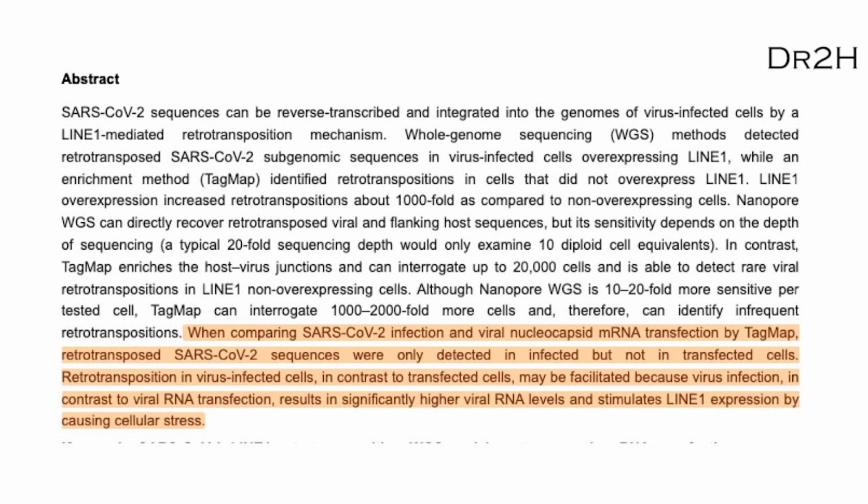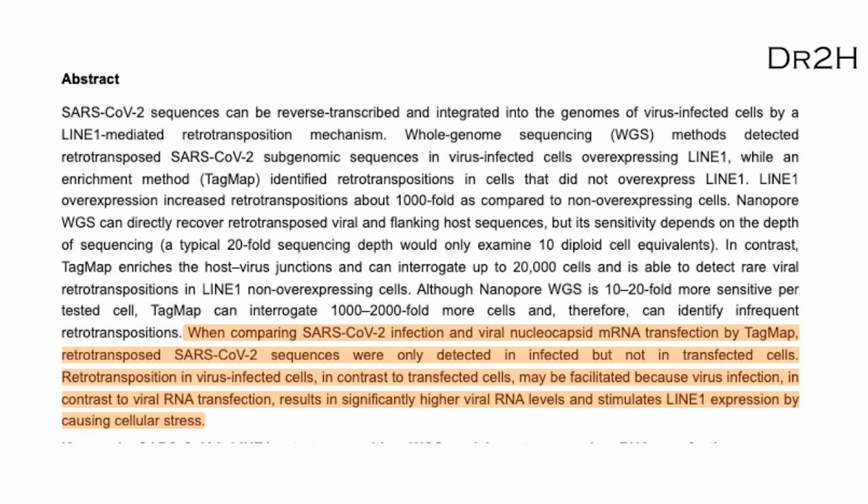And the study showed that introducing SARS-CoV-2 messenger RNA through transfection did not result in genomic integration as observed in natural infection. And infection induces a significant production of viral RNA, just like other viral examples that we talked about, and triggers cellular inflammation, so some type of stress, and increases the activity of this reverse transcription machinery, the LINE-1 mechanism that we just talked about.